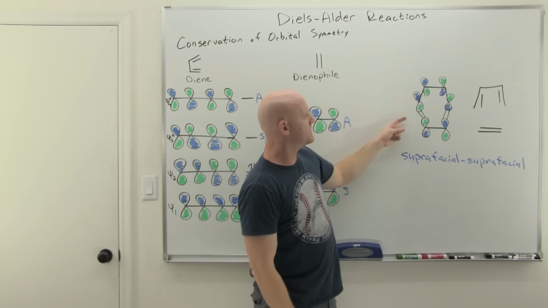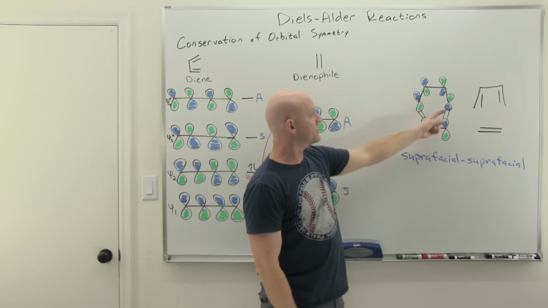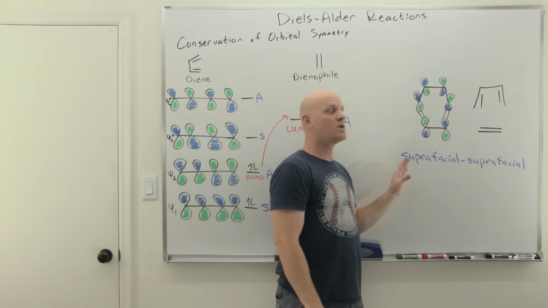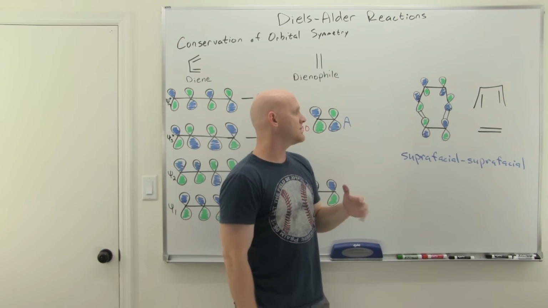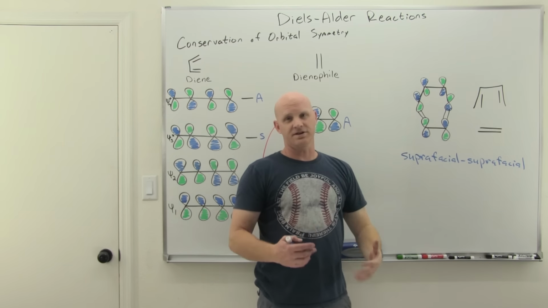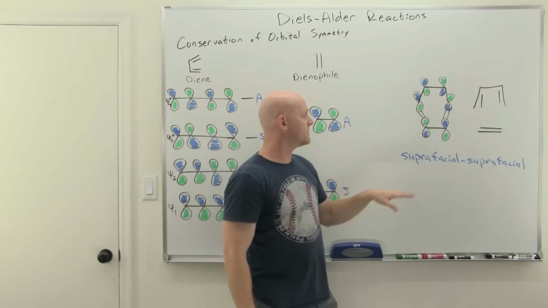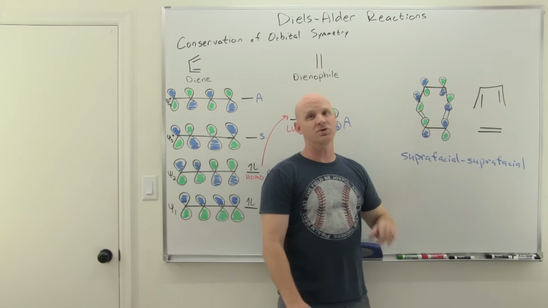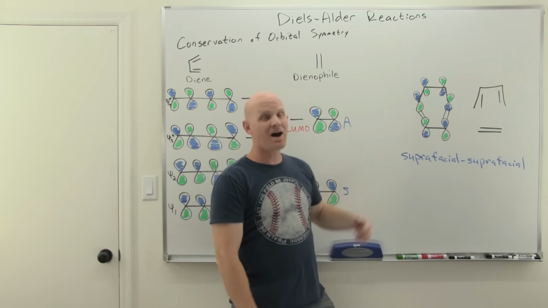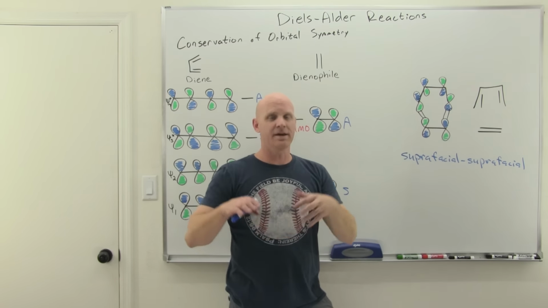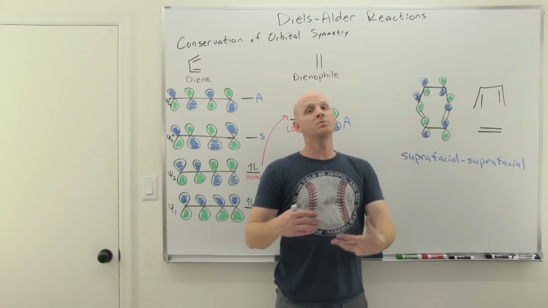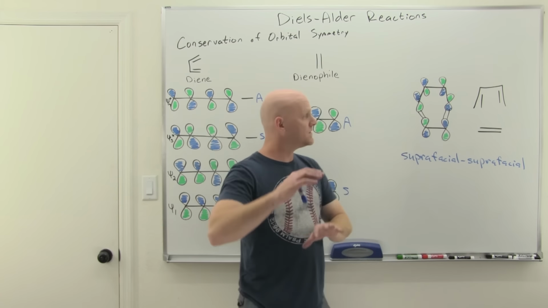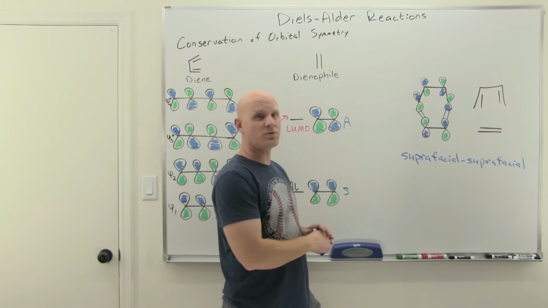So when you're going from bottom to top, that's suprafacial, and when you're doing it on the other side, that's also suprafacial. And so this interaction overall we'd call suprafacial. Whereas we'll have an option in other cycloadditions, not the Diels-Alder, where we have something called suprafacial and antarafacial, where instead of one going from bottom to top, it's going to go top, top, bottom, bottom, matching them up on one side only. In that case, it would be called suprafacial and antarafacial, but we'll allude to that later. The Diels-Alder doesn't have to worry about that.